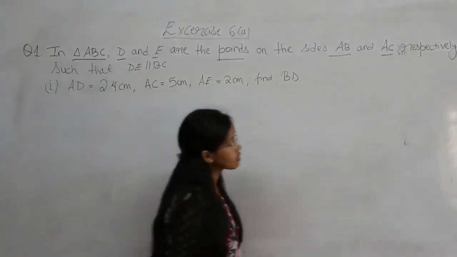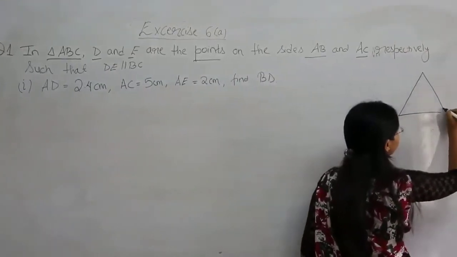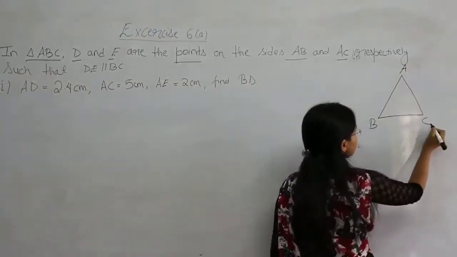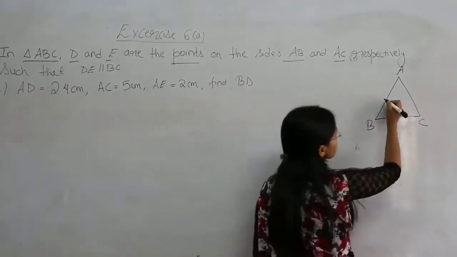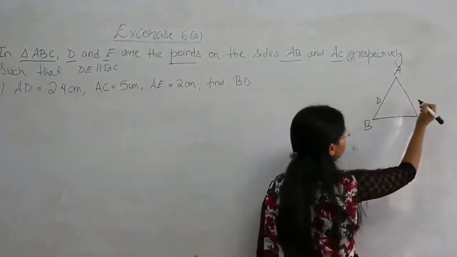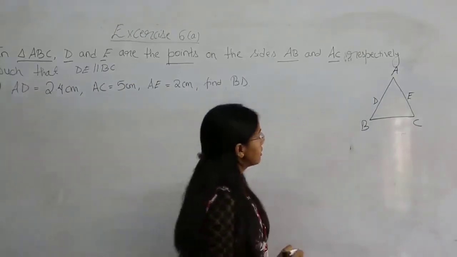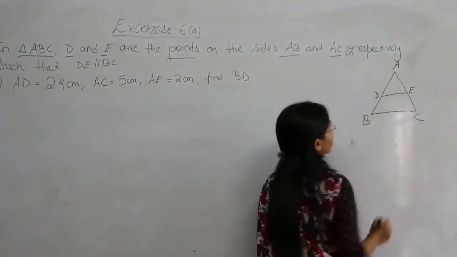So let me draw first the triangle here. We have triangle ABC, and D and E are points on the sides. Along the side AB we have D, and along the side AC we have E. And this line DE must be parallel to BC. Right?